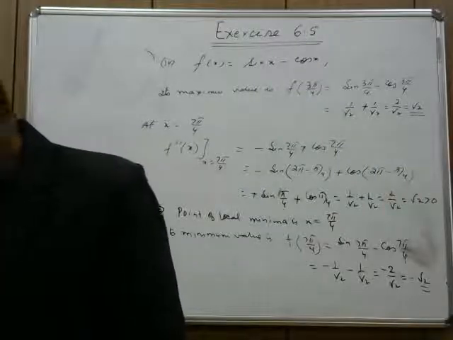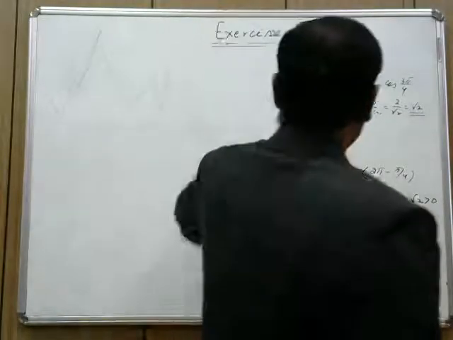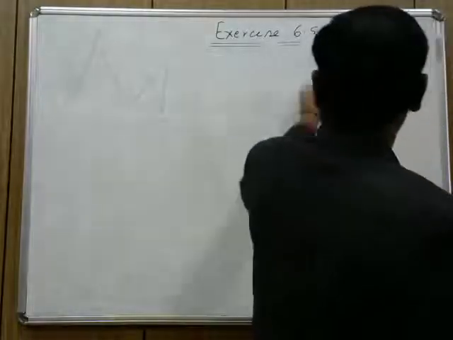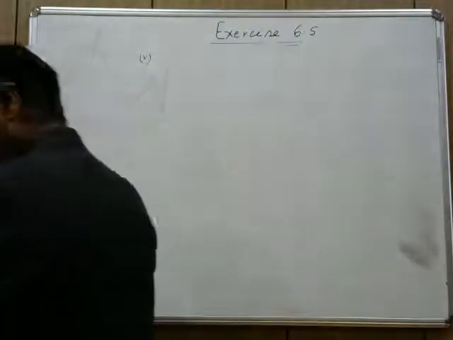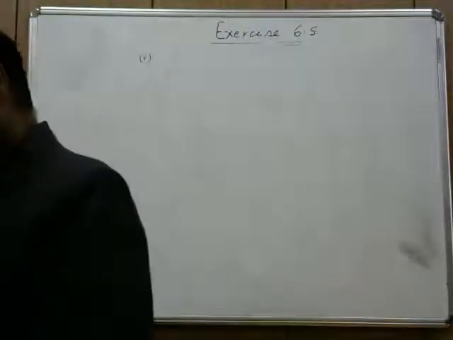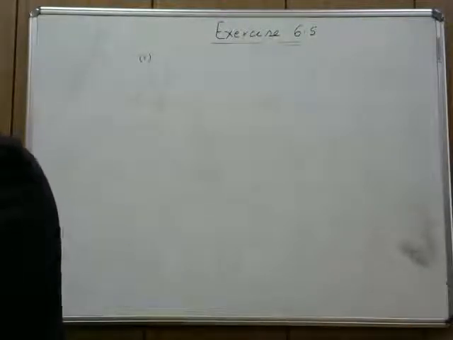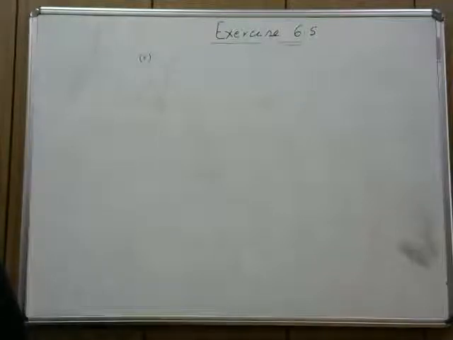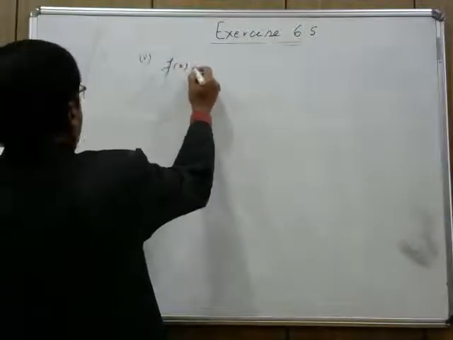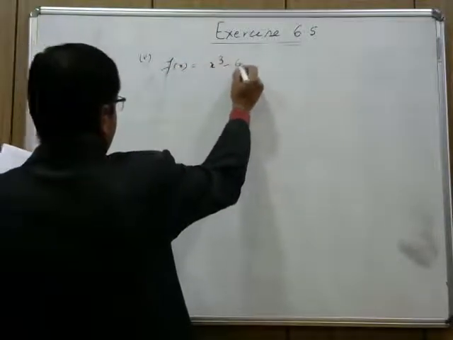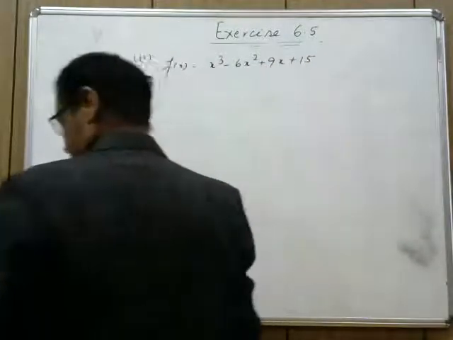Now the question number 5, third question, 5th part. f of x is equal to x cube minus 6x square plus 9x plus 15.